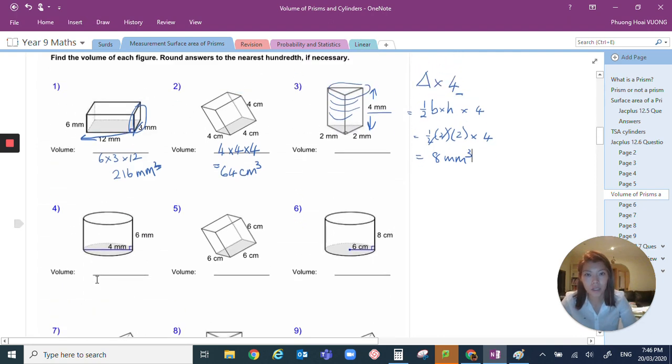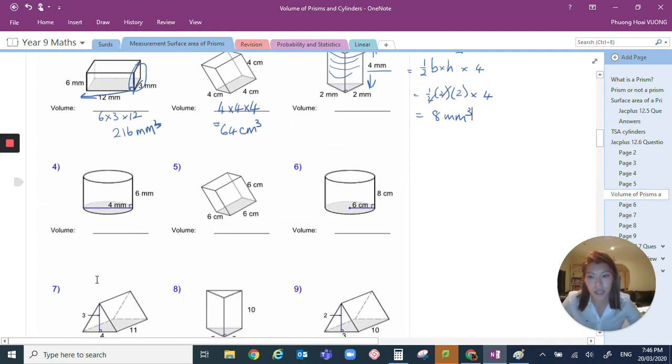Let's move up a little bit. Okay, this shape over here, this cylinder over here. So again, which shape repeats itself? It's this one here. And what is the area of a circle? It's pi r squared. Then we multiply by that distance there, h. So we have pi, and the radius here, don't be tricked, is half of the 4.